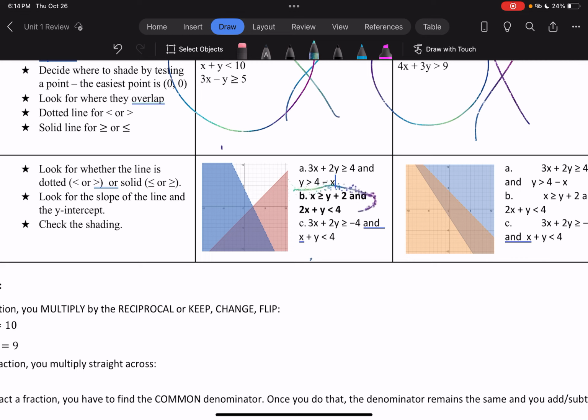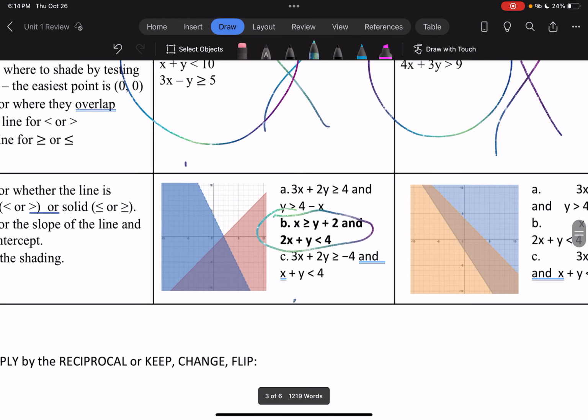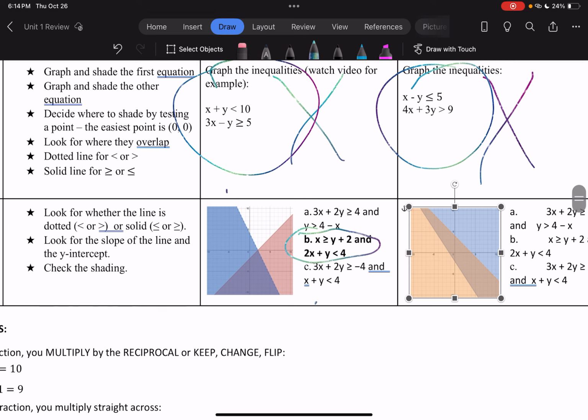Now I've already done this one for you and have this highlighted here, but let's take a look at the one that says "why." Okay, so this one here says that our y-intercept is 2, and this is the one that should have a solid line. So here, let me see if we can zoom in a little bit.